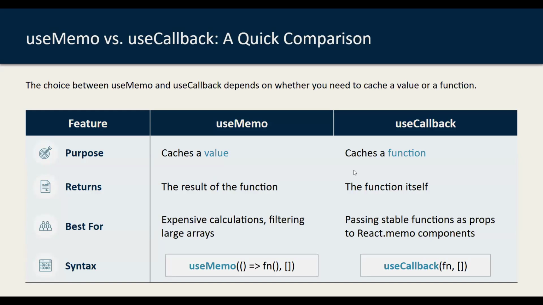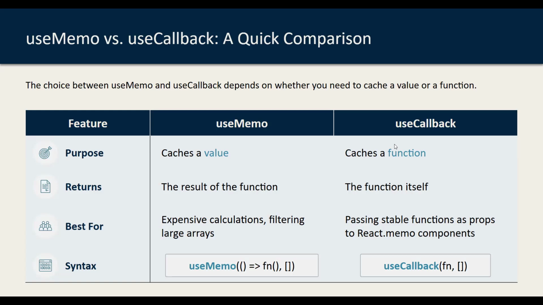And if you're trying to keep a function property stable between renders, useCallback is more useful, and it returns the function itself.